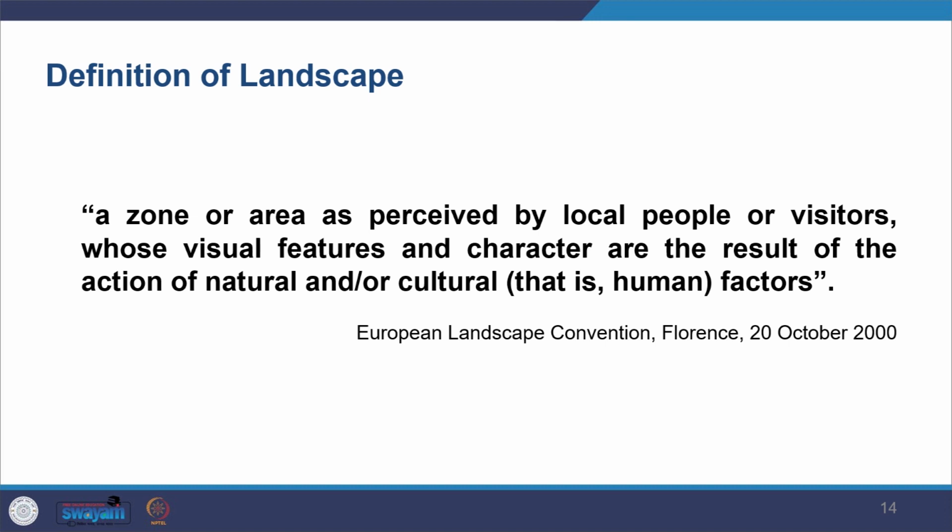So the human factors: how we see it, how the local people see it, how the visitors see it, because of the context, because of whatever is in the background, the story behind it, and how it visually appears. All that connects or relates to landscape.